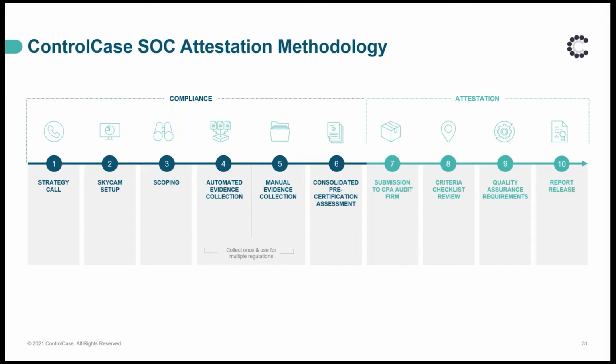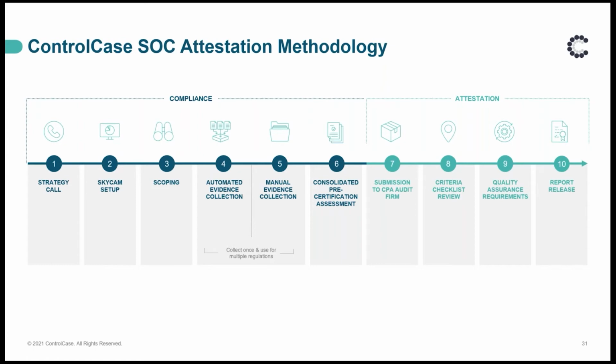Now we will dive into ControlCase's SOC 2 attestation methodology. There are two areas which form part of attestation. The first part is the compliance piece, and the second part is an attestation piece. The compliance piece broadly includes things like evidence collection.